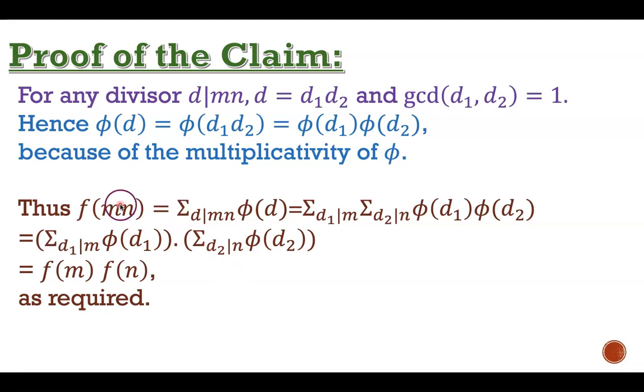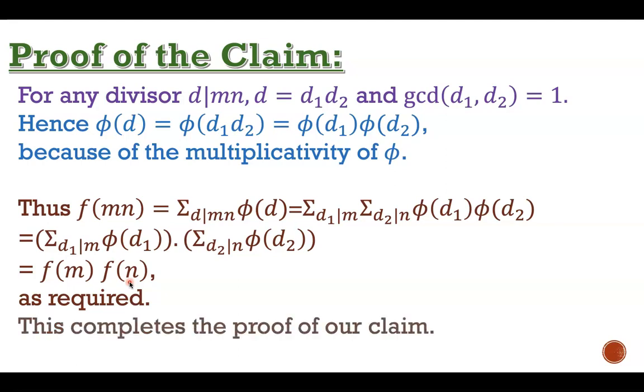So we can see that f of mn is equal to f of m into f of n as required whenever GCD of m and n is equal to 1. So as we claimed earlier, the function f is in fact multiplicative. Thus, the proof of our claim is complete.